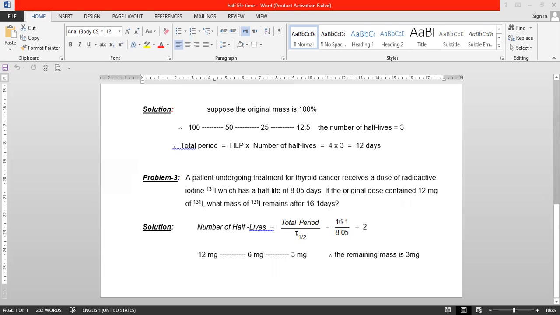Projectile means a small particle like alpha, neutron, proton, beta, okay? And when I hit the nucleus, it starts to change into a new element, a new substance, okay?